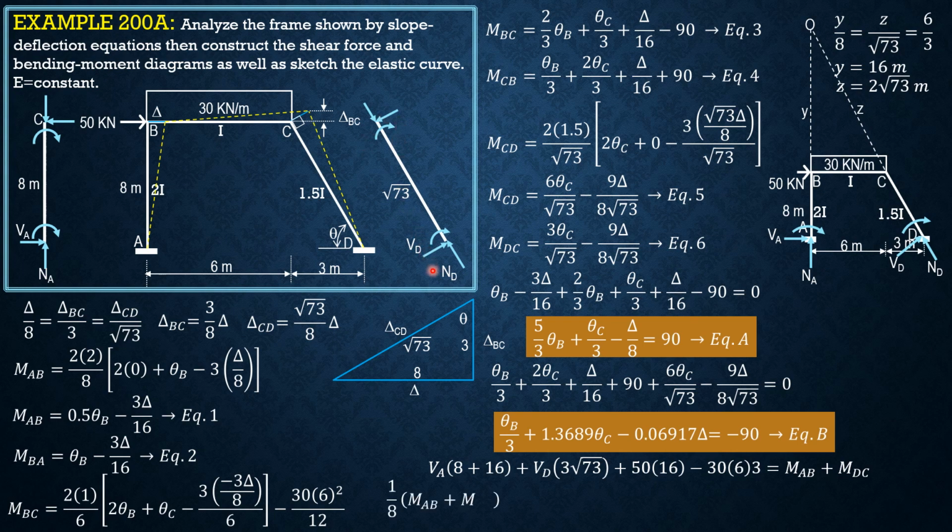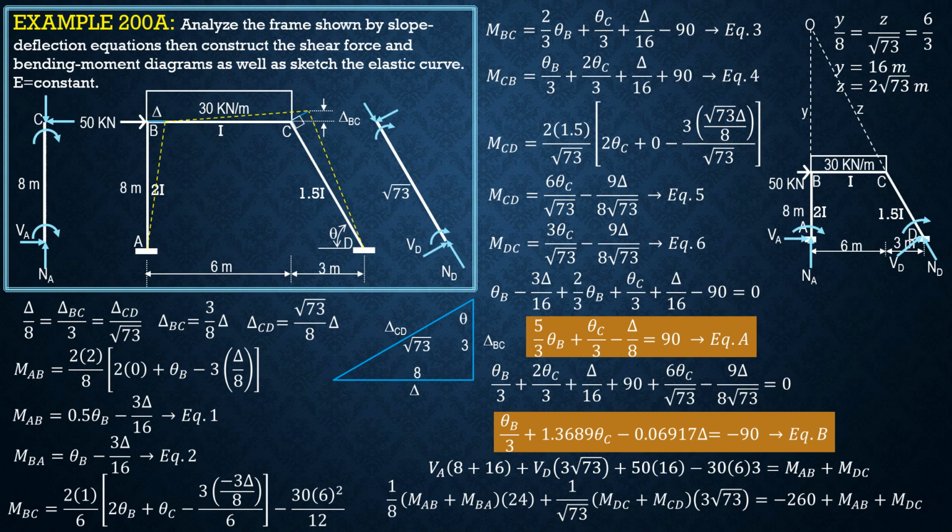So 1/8 of MAB plus MBA times 24 plus 1 over square root of 73 of MDC plus MCD times 3 square root of 73, then equals, so simplifying this, negative 260 plus MAB plus MDC. So we will have this equation on the next slide.